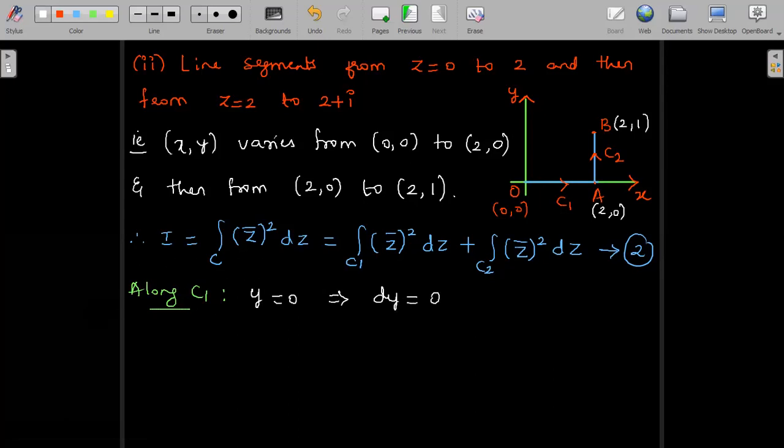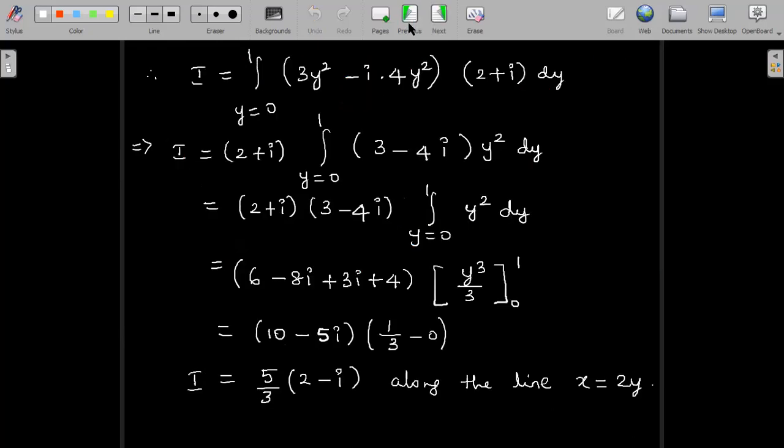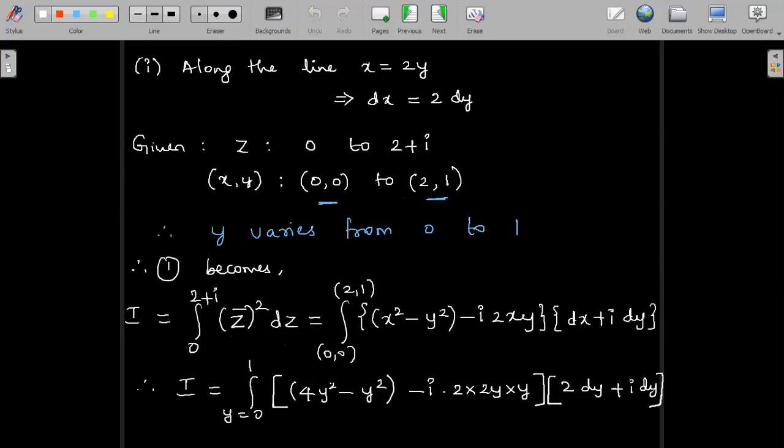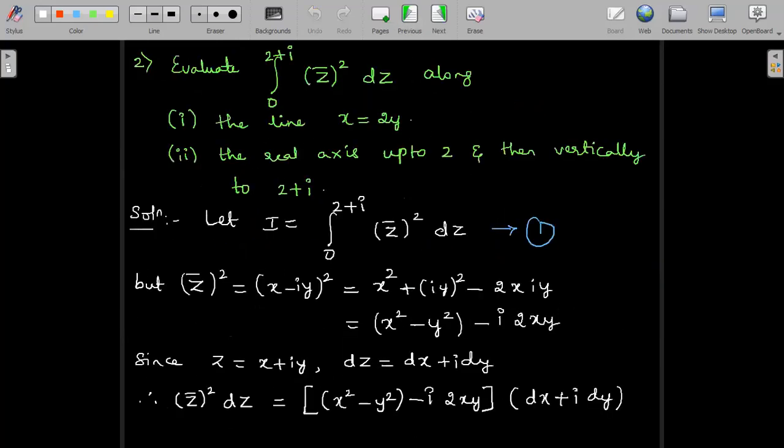Then what happens to z bar whole square dz? Therefore, z bar whole square dz will now be equal to, we have already seen the z bar whole square expression. This is our expression for z bar whole square dz. Here when I substitute y is equal to 0, this term vanishes and the imaginary part vanishes. dy is 0.